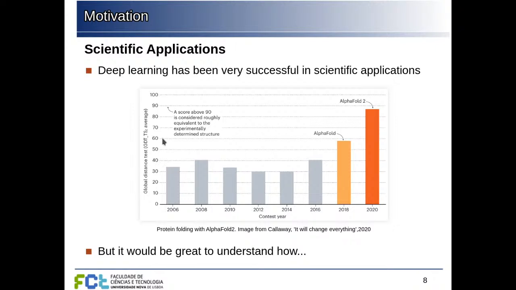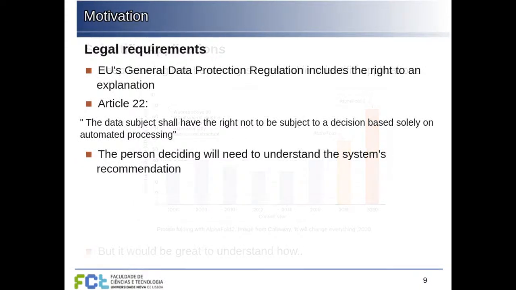But it would be very useful if we are able to properly interpret these models, because then we would learn something useful about how proteins fold. Not just have a black box machine that predicts the structure of the proteins, but actually something that explains to us what makes proteins fold correctly.